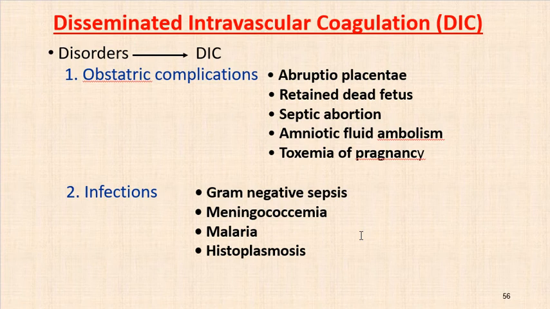This disseminated intravascular coagulation, abbreviated as DIC, is a big, dreadful complication of many diseases and abnormalities. For example, some of the disorders which lead to DIC are, number one, obstetric complications like abruptio placentae, retained dead fetus, septic abortion, amniotic fluid embolism, and toxemia of pregnancy.